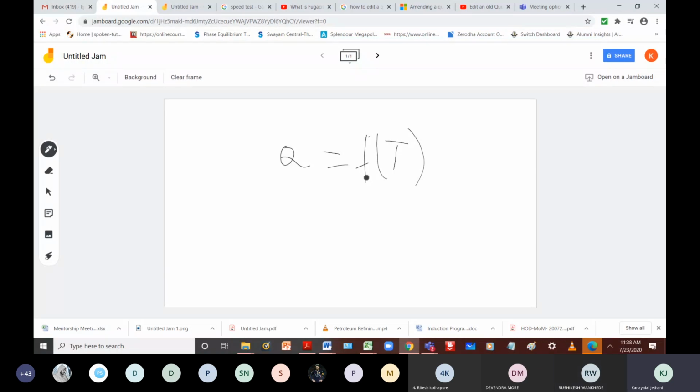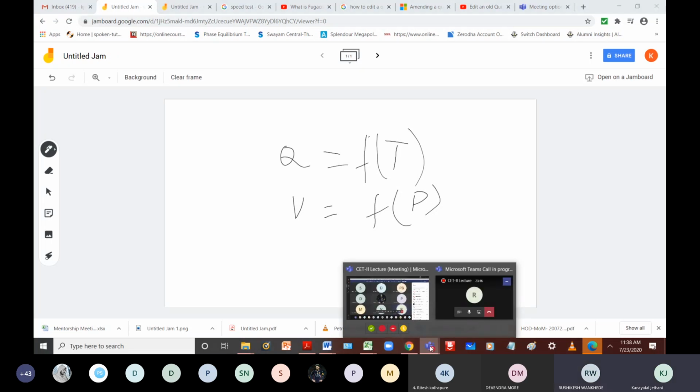If temperature difference is not there, then there is no heat transfer. Similarly, if you have volumetric flow rate, it's a function of pressure or pressure drop.